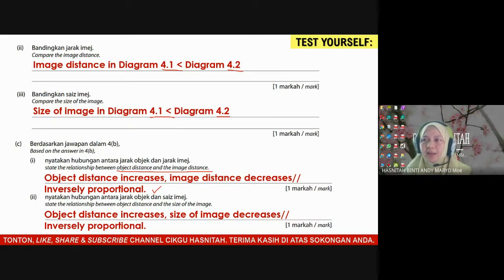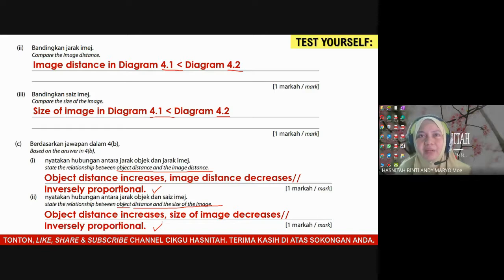Second, state the relationship between the object distance and size of image. From our comparison just now, when the object distance increases, the size of the image decreases, or you can say inversely proportional.